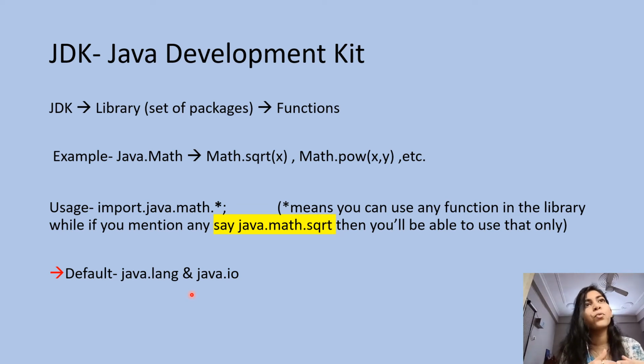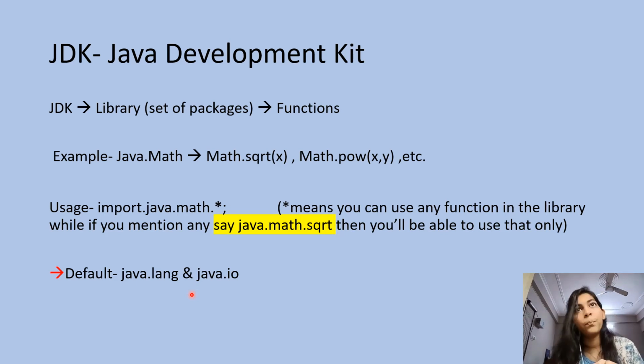Now suppose for java.math, you can use a number of functions, but not all. This is just an example. Please don't consider it like if I'm talking about java.math, it is because you people know a bit about java.math already from your previous classes. That is why I'm taking java.math into consideration and not any other library, right? All right. So you can use a number of functions, but not all.